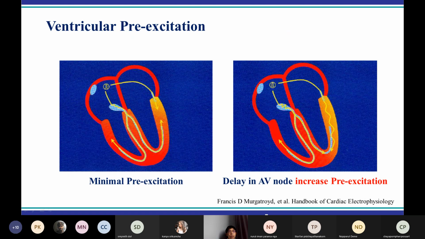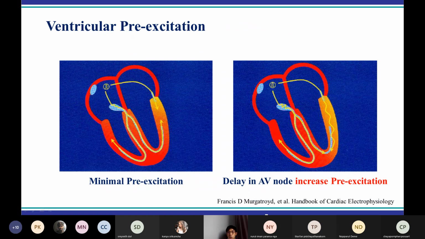When the patient is in a normal sinus rhythm, some of the signals come down into the AV node, and some go down into the accessory pathway. They have to share the signal together.